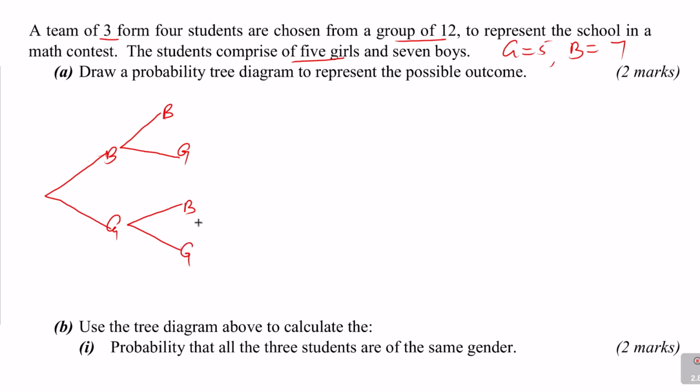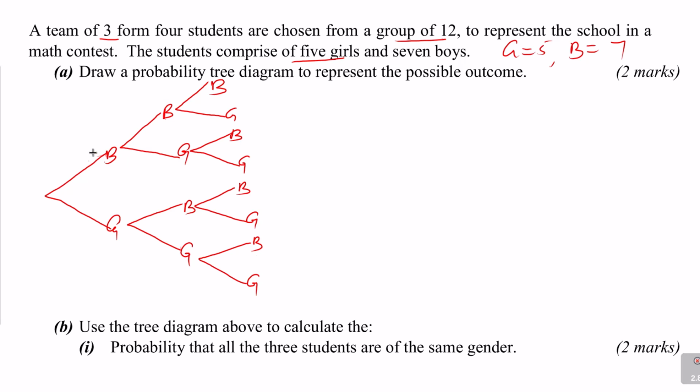And then the last choice, the third choice, because there are 3 students that are chosen, boy, girl, on each branch. So the 3 branches are representing the team of 3 because there are 3 students that are chosen.